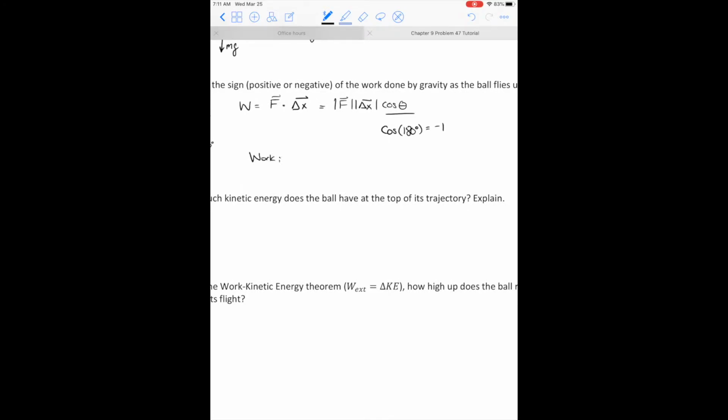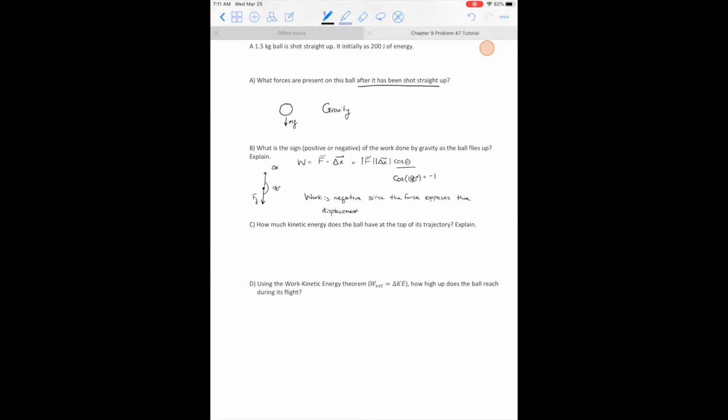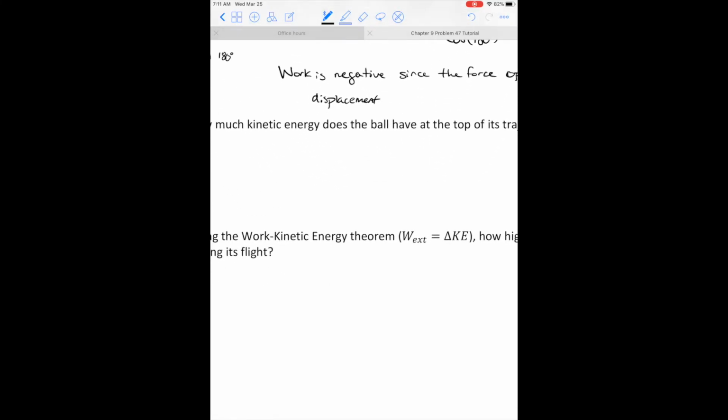The work is negative, since the force of gravity opposes the displacement. So what we're saying is the work done by gravity here is actually taking energy out of our system and putting it into the environment.